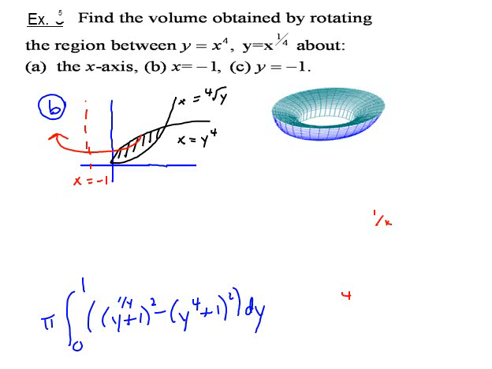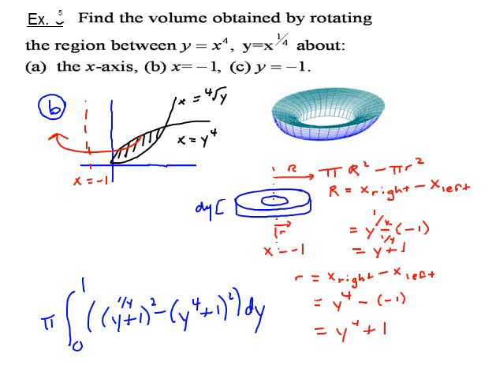Revolving the same region about the vertical line x equals -1, we slice across the line x equals -1. Slices will be washers with x equals -1 at the center. These slices have vertical thickness, so we'll set this up using dy. The outer radius, expressed as what x equals on the right minus what x equals on the left, hits the curve y equals x to the 4th, or x equals y to the 1/4 on the right, and the line x equals -1 on the left.